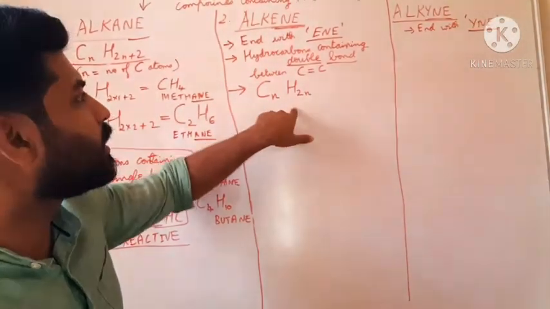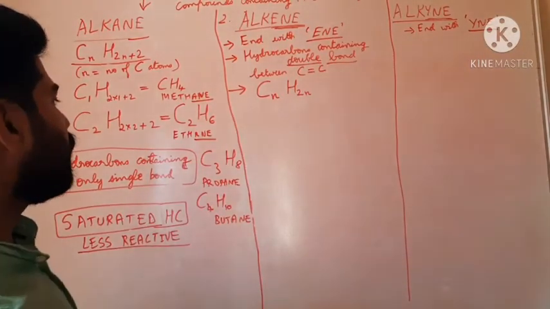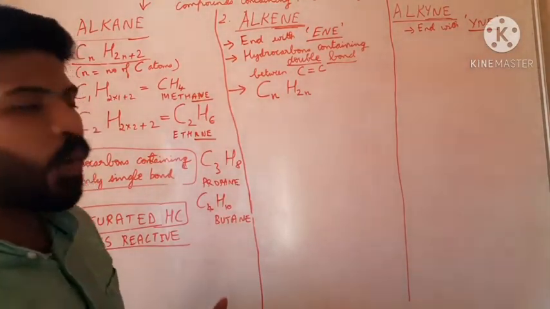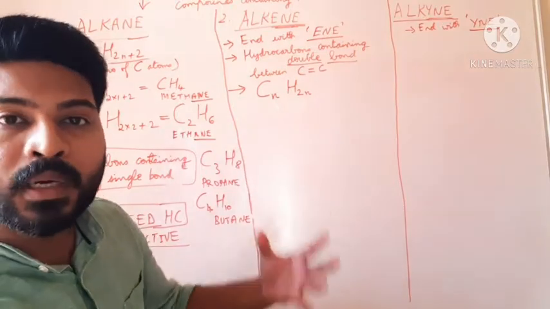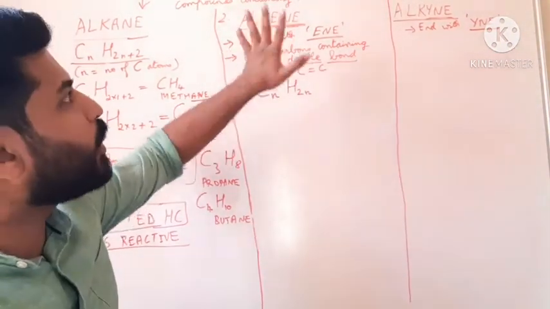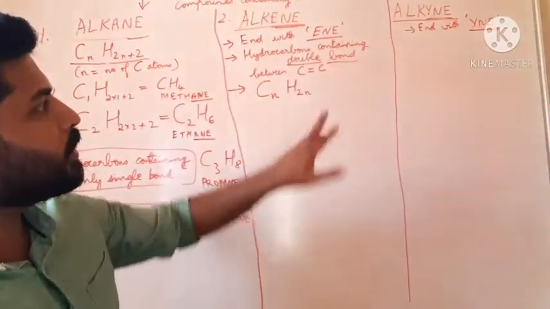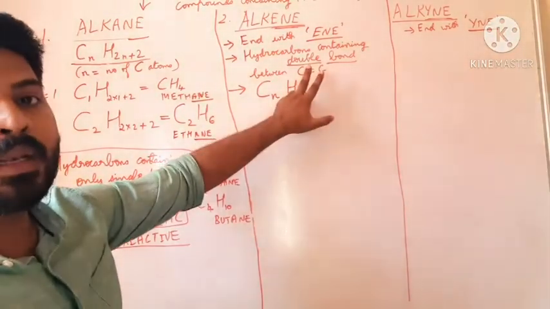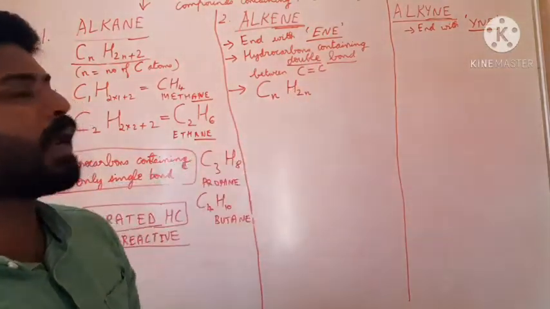So let us now write down the members of the alkene family of hydrocarbons. Remember, there should be a double bond between the carbon atoms.